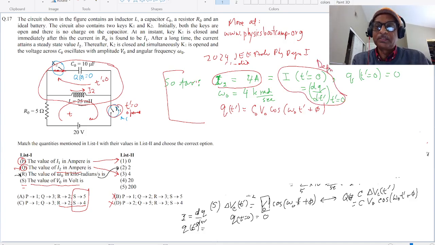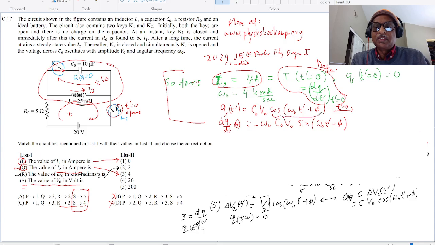This is definition. So this is the oscillating behavior we expect. So if you do dq dt at t prime, it is going to be just minus omega 0 c0 v0 sine omega 0 t prime plus phi. Now at t equal to 0, t prime equal to 0 is 0.